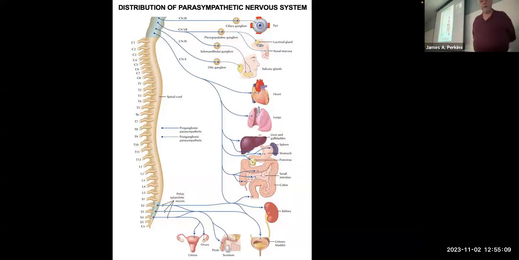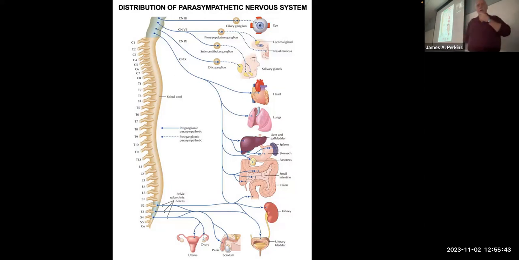So the parasympathetic system is sometimes referred to as the craniocaudal system, and that's C-A-U-D-A-L, caudal, because the parasympathetic system originates both in the brain from 4 of the cranial nerves, which we've actually already talked about, but also has part of its origin way down at the inferior end of the spinal cord from 3 of the sacral levels of the spinal cord, specifically S2, S3, and S4.